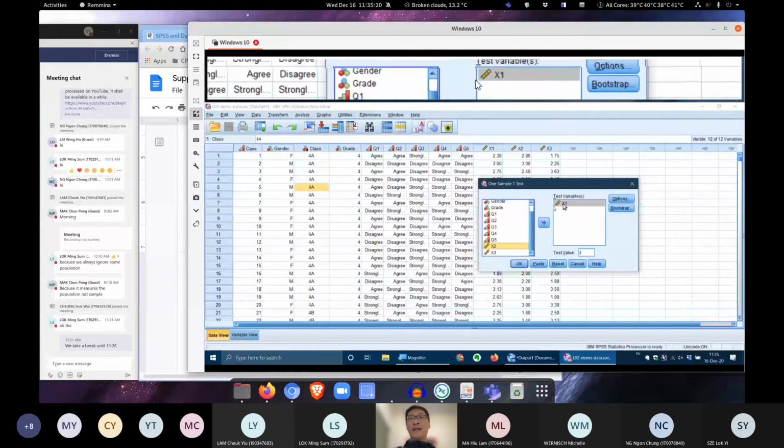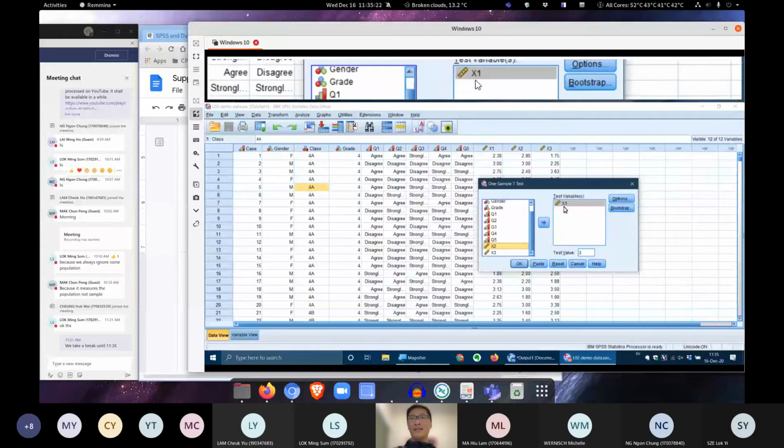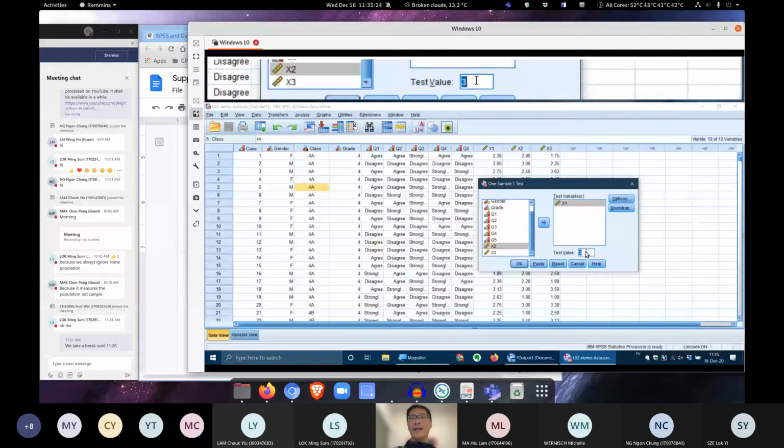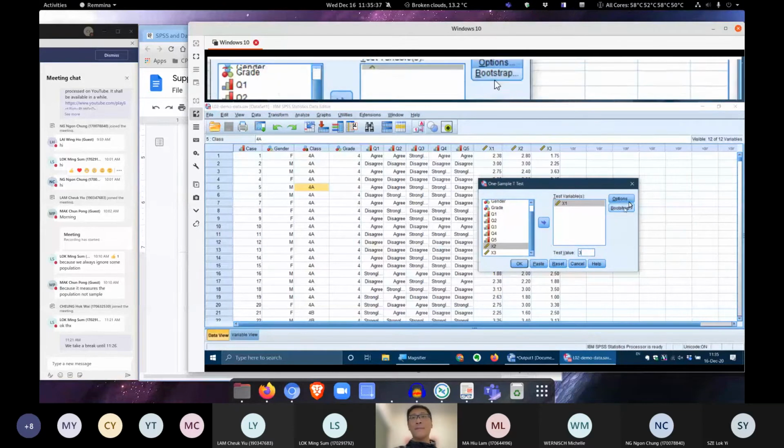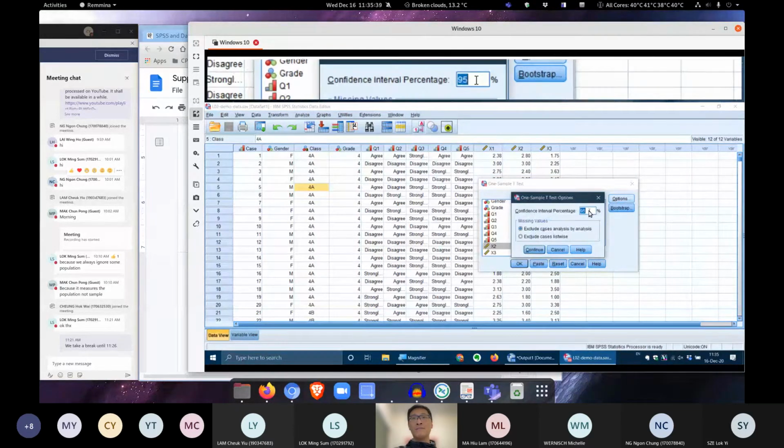But anyway, now we have set the X1 here, and I have set the test value here. Now notice that the original default value is 0. It is very important that you remember to change this one to the value that you want. And look at the option here.